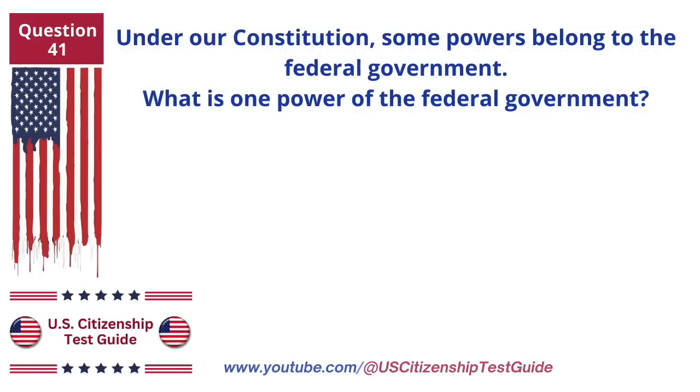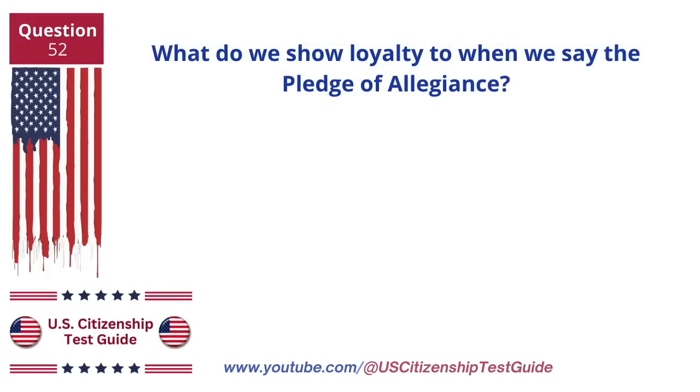Under our Constitution, some powers belong to the federal government. What is one power of the federal government? To print money. What do we show loyalty to when we say the Pledge of Allegiance? The United States.